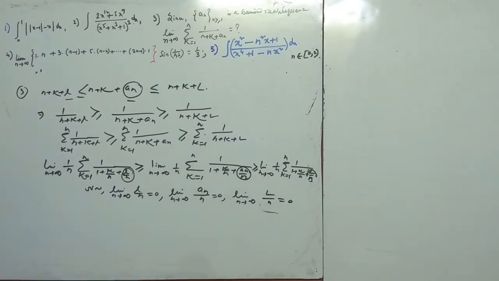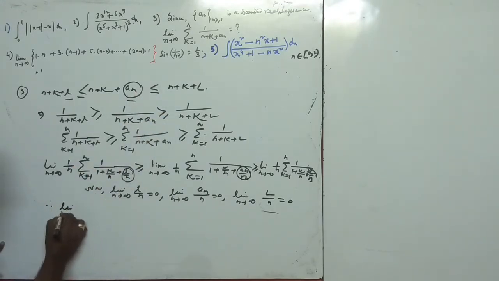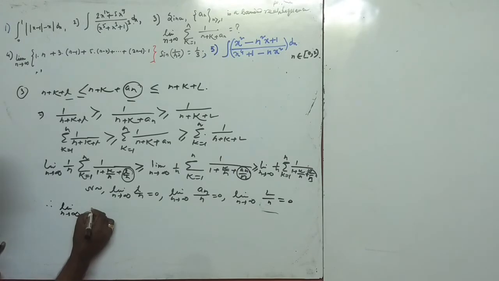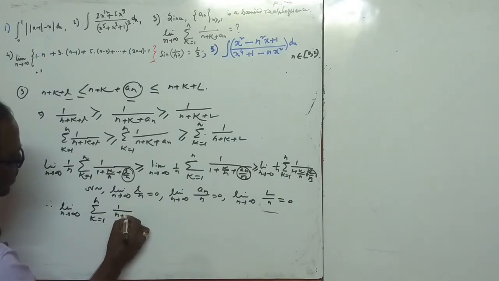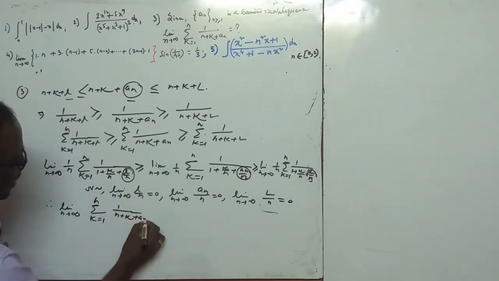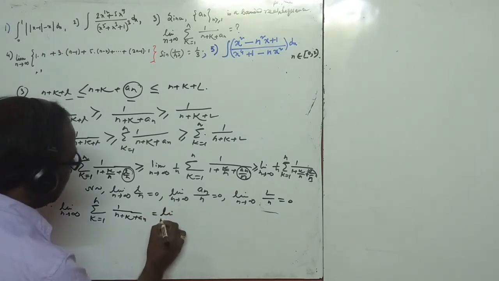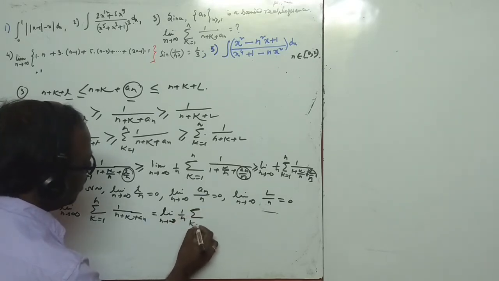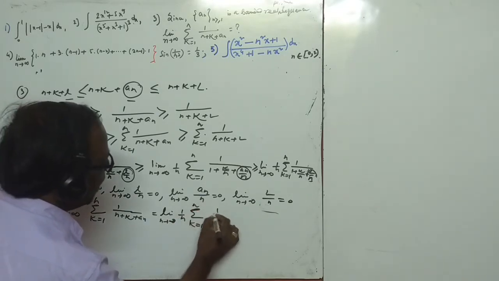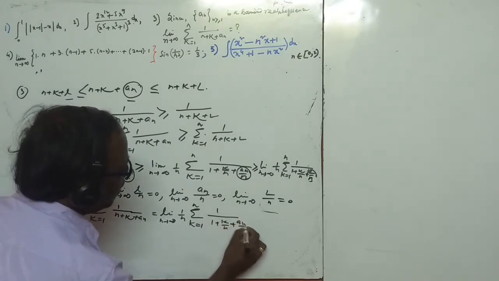Okay. So now the question here is limit. This is the question. Limit summation k is equal to 1 to n here, 1 by n plus k and n here, and that will be written as like n tends to infinity, that is 1 by n, and summation k is equal to 1 to n and 1 by 1 plus k by n and n by n.